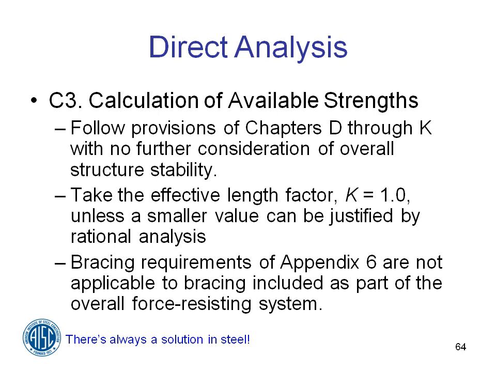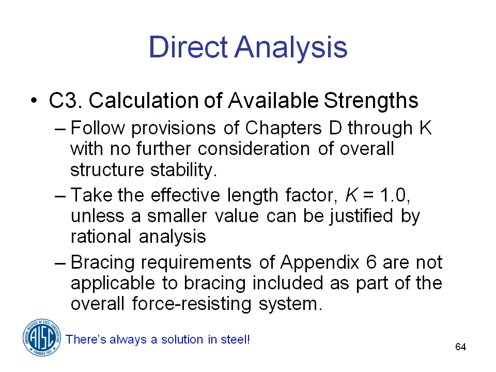Now there's also requirements for bracing in Appendix 6 of the specification. But to do your second order analysis of your system, you need to include the bracing in your system. And so there's no need to use any of the bracing requirements in Appendix 6 for column or frame bracing.